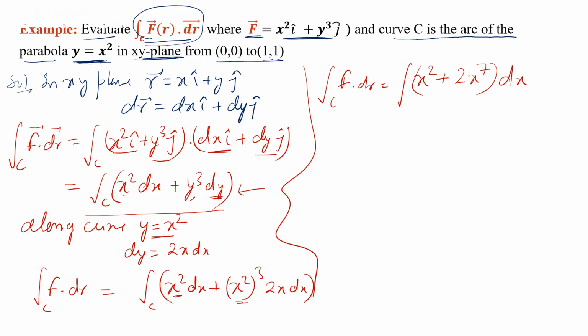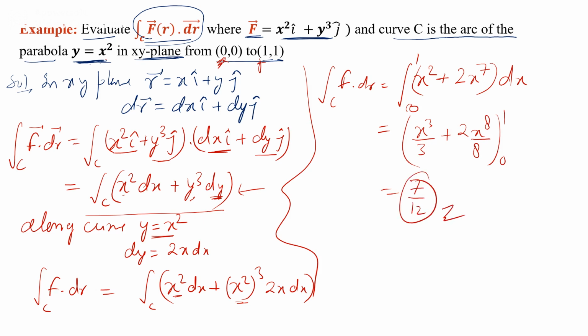Now we put the limit of x, and on that curve x varies from 0 to 1, so the limit is 0 to 1. On integration we get x cubed by 3, 2x raised to power 8 by 8, the limit is 0 to 1, and on substituting the limit we get 7 by 12. So in that way we evaluate the line integral along the parabola.